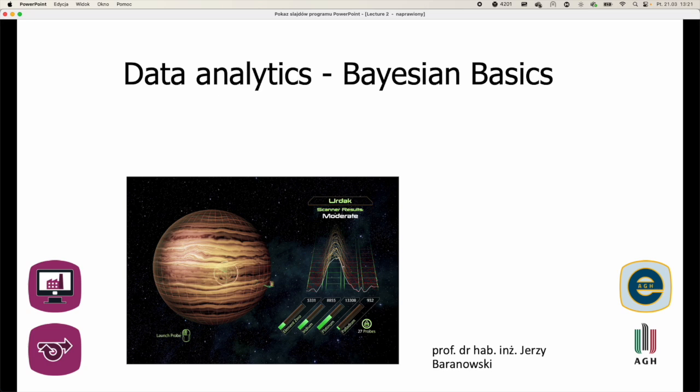Last lecture we discussed the main differences between statistical modeling and machine learning, and we started moving toward Bayesian methods.